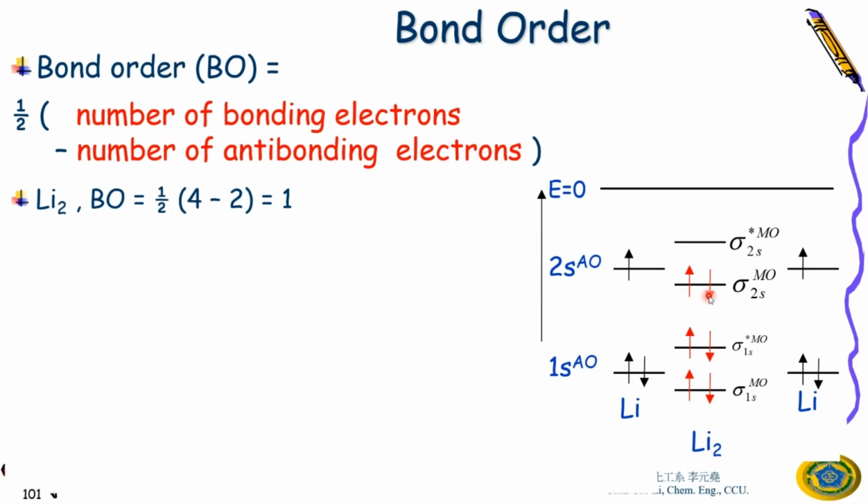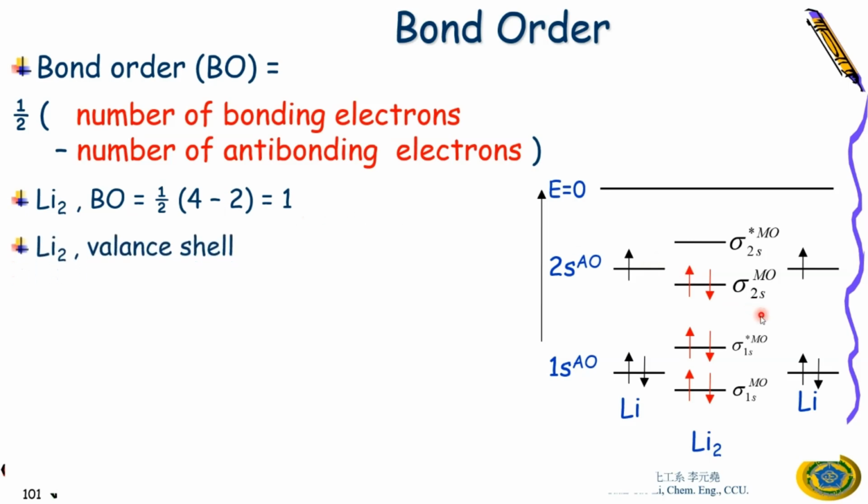So I have 4 bonding electrons. And how many anti-bonding electrons are in the anti-bonding molecular orbital? 1, 2, right? So you have 2. So 4 minus 2, divided by 2, will be 1. This is called bond order.